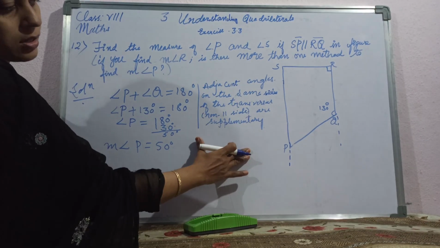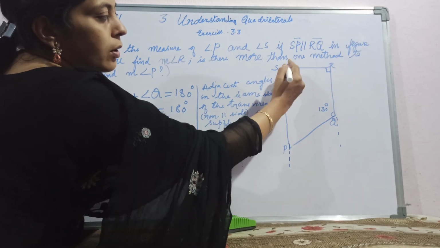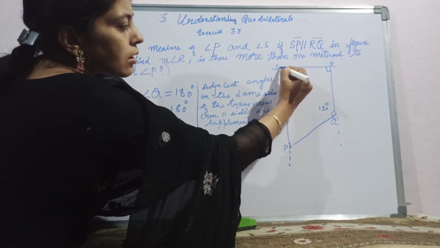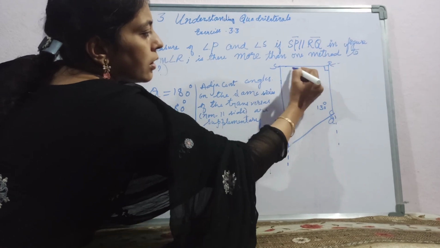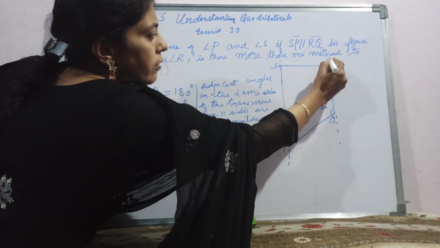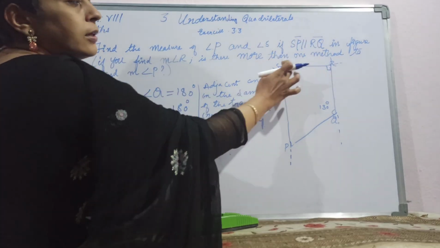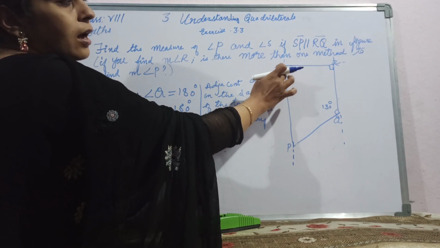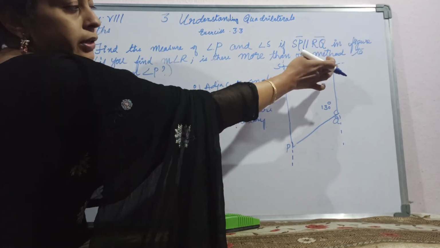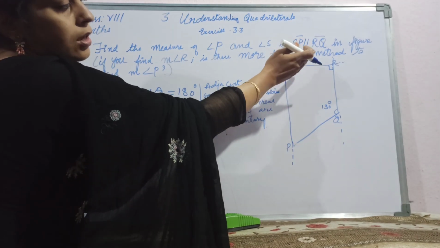On the same basis you can see again SP and RQ are the parallel lines given to us, and this becomes the transversal. These two angles are adjacent to each other and on the same side of the transversal. This is the other side.